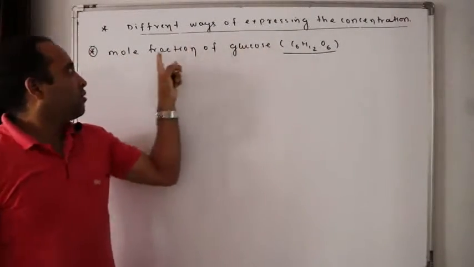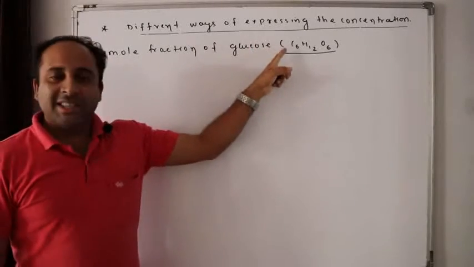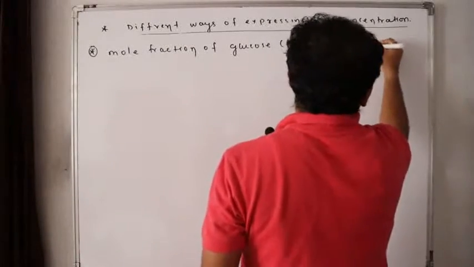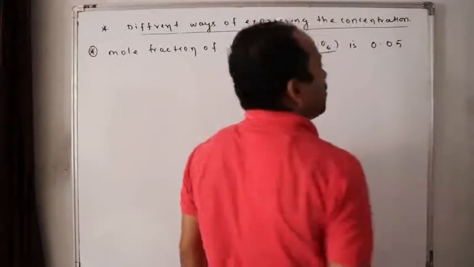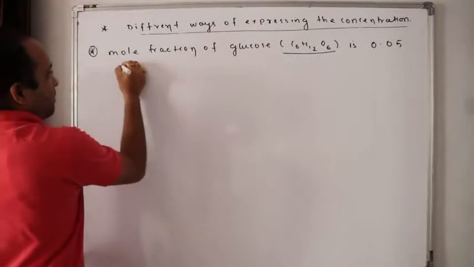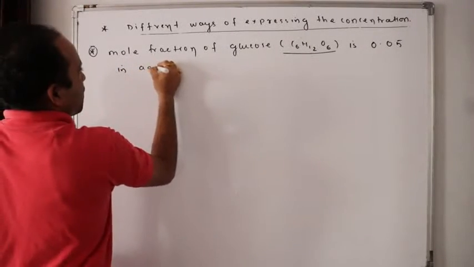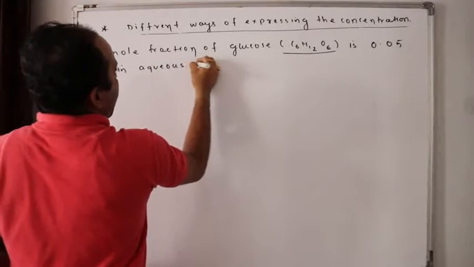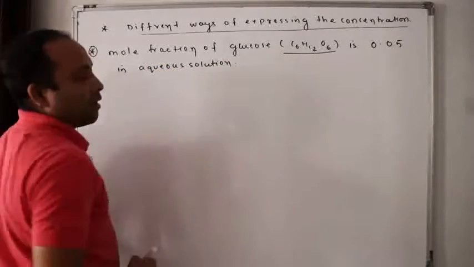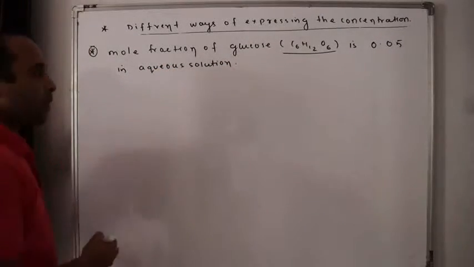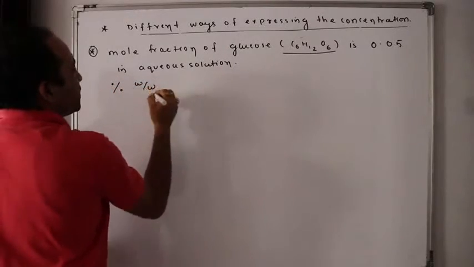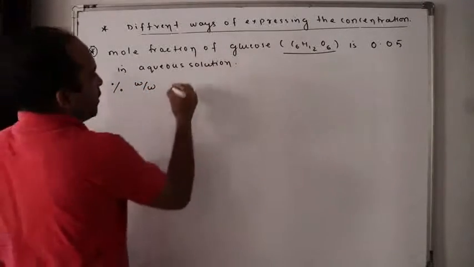So mole fraction of glucose, C6H12O6, is 0.005 in aqueous solution. What is the percentage by weight of glucose?